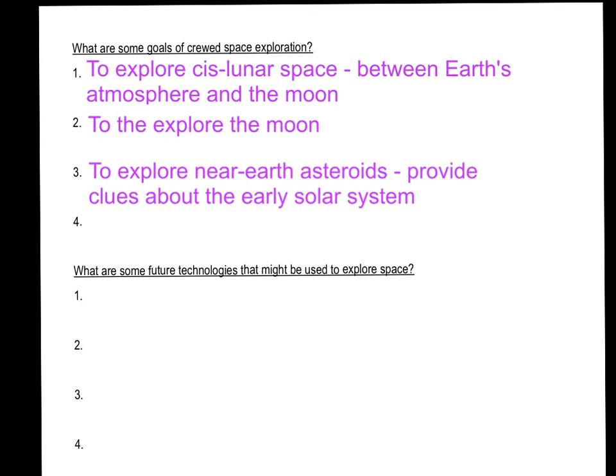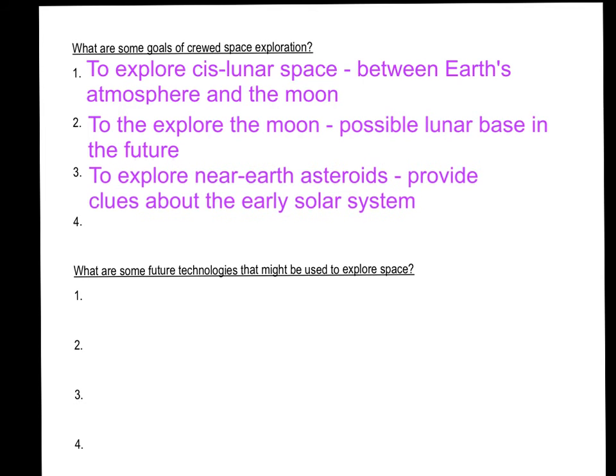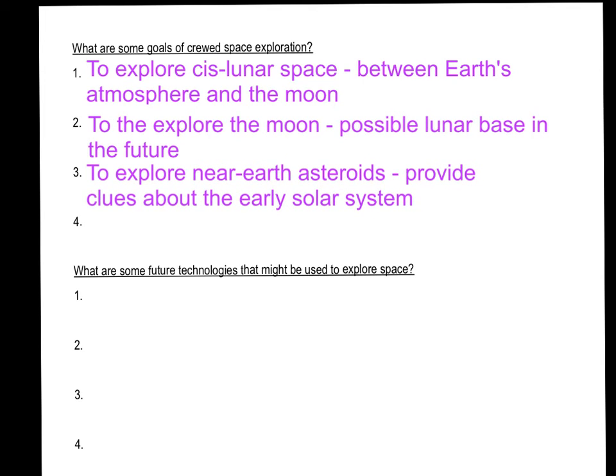Add to exploring the moon, possible lunar base in the future. So again, with near-Earth asteroids, we can look at how planets formed, how different things in space formed, what gravity caused in the very early stages of the solar system and the universe.